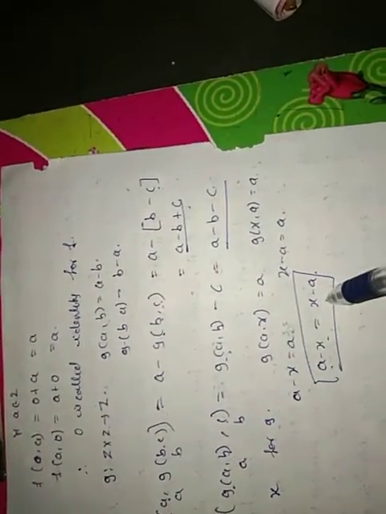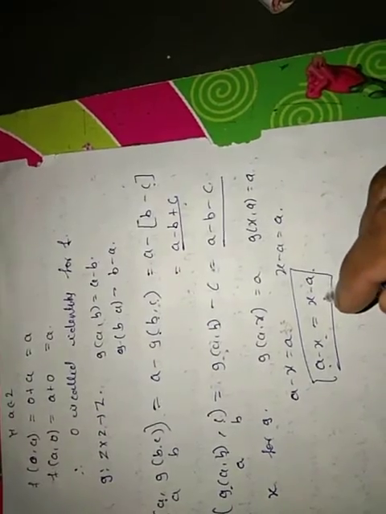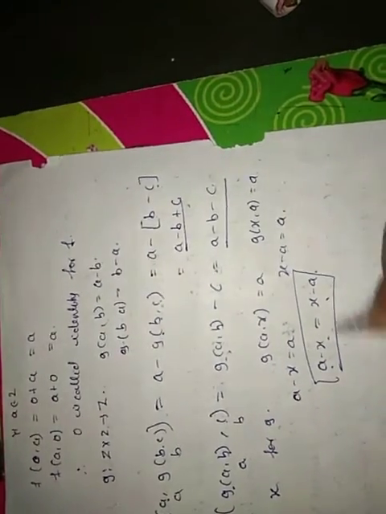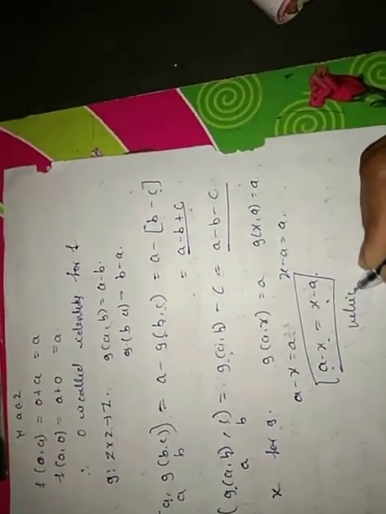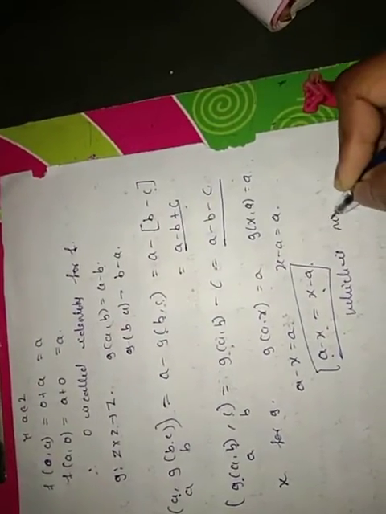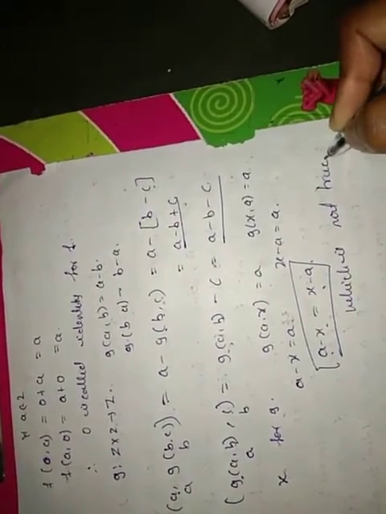So a minus x is not equal to x minus a, which is not true. Hence, there is no identity element.